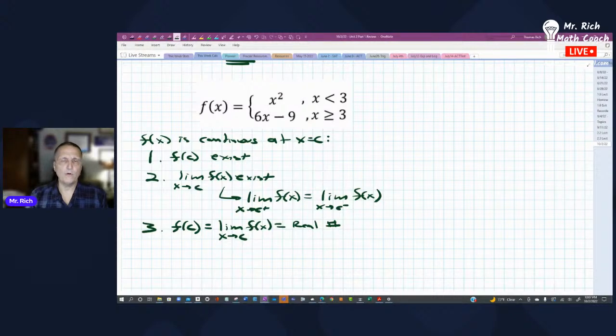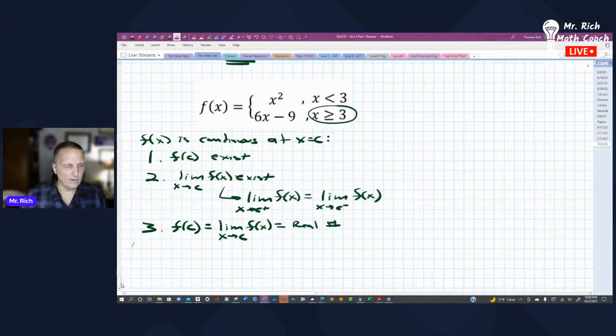So the only place f of x could be discontinuous would be where the two functions are meeting at x equals 3. So if you look at these three requirements, the function certainly does exist at 3, because this says that when x is equal to 3, I would be evaluating that to be 9. So the function does exist. Now, the question though becomes, does the limit exist at 3? So that's really where we're starting our analysis on this for continuity.